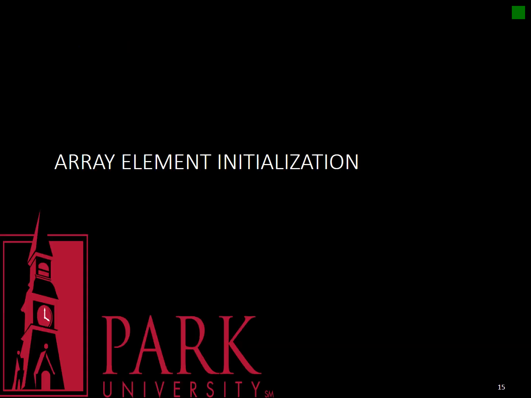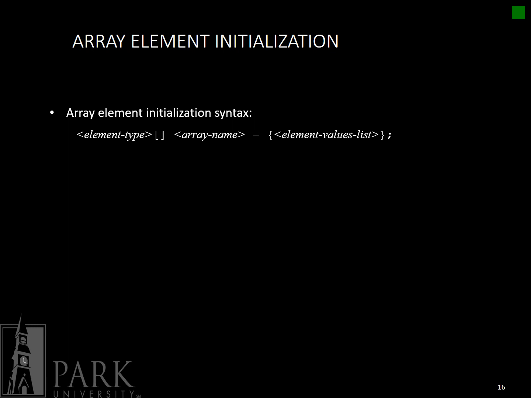So we talked about declaring and creating arrays, but how do we actually initialize them? Well, let's take a look. An array initializer is a single statement made up of an array declaration, creation, and assignment using braces. Here's an example.